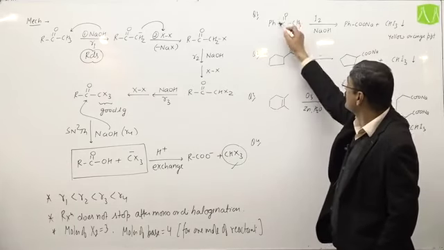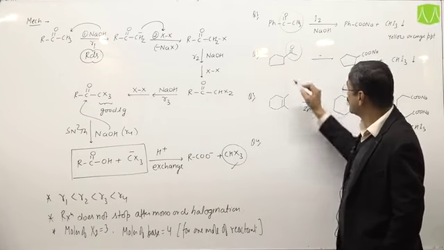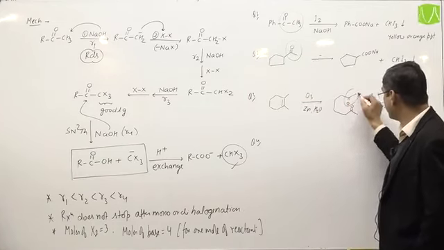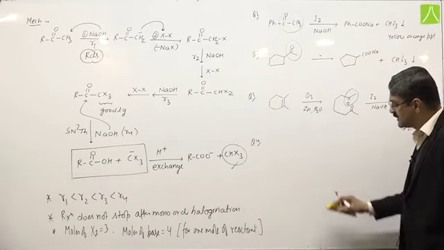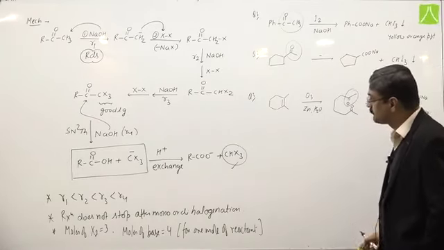So these groups are present or responsible for the iodoform test. A COCH3 group must be present in the iodoform reaction.